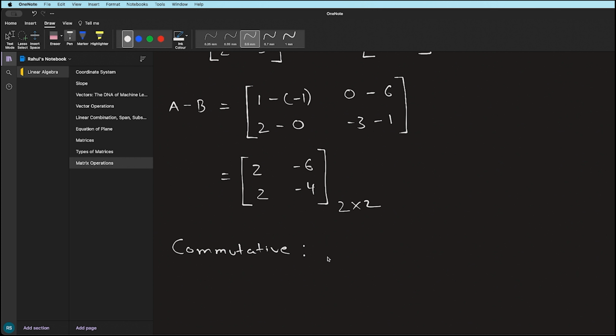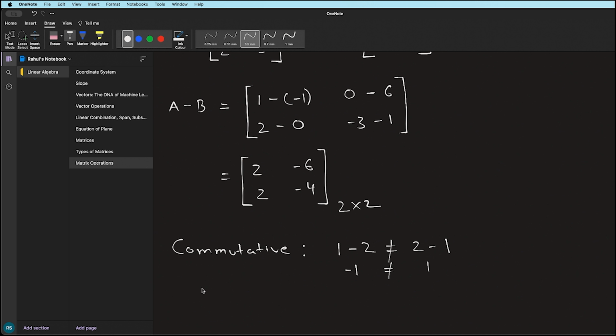If I write for real numbers, 1 minus 2 and 2 minus 1, the subtraction of 2 from 1 is not equal to the subtraction of 1 from 2. This is -1 and this is 1, which are not equal. So the commutative property for real numbers is not valid for subtraction.